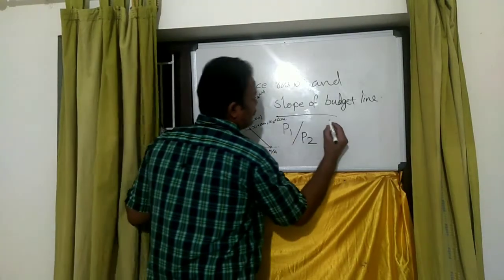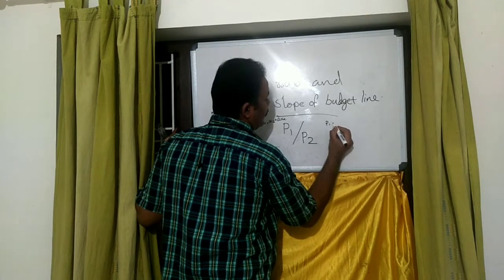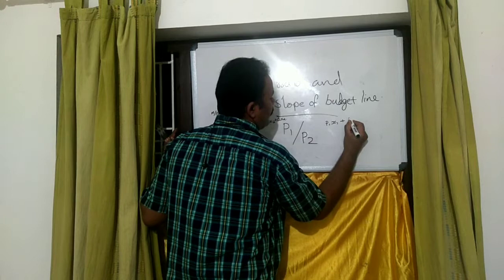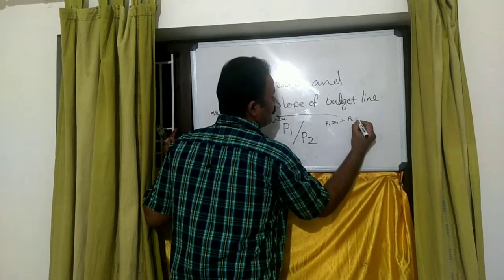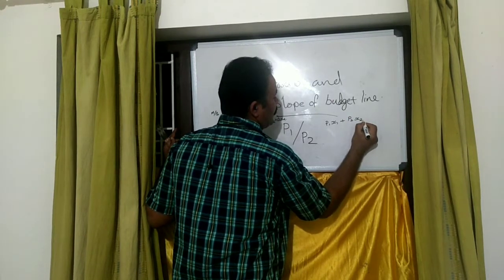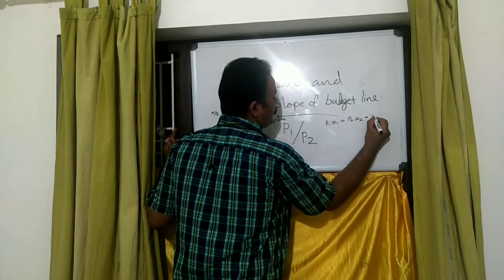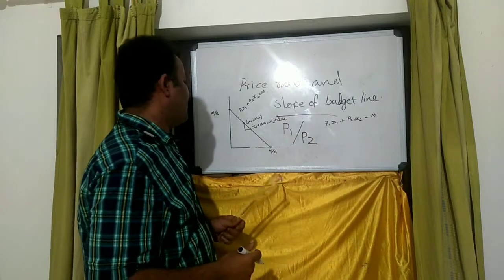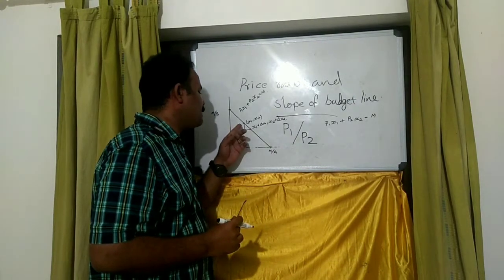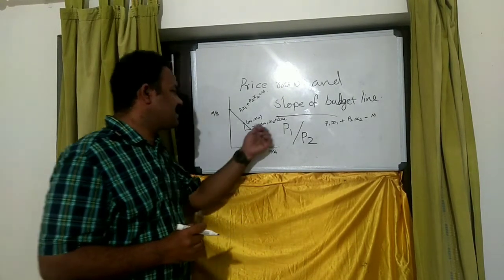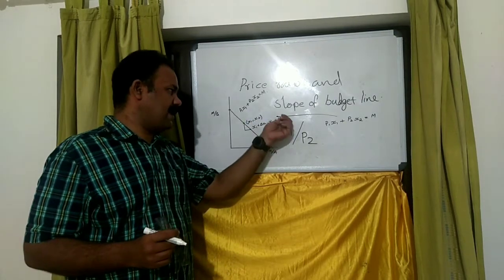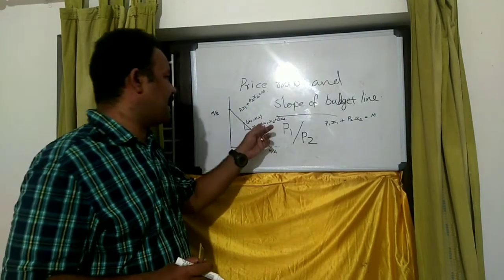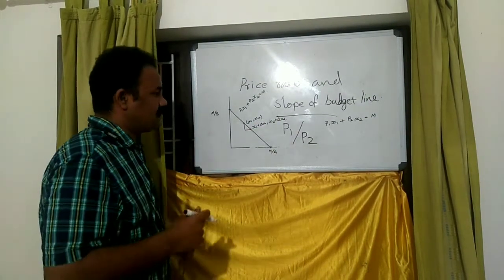Here the equation is P1 x1 plus P2 x2 is equal to m. Then here we know when the consumer is moving from this point to this one, there is a change in x1 and a change in x2, that we are representing by using delta x1 and delta x2.